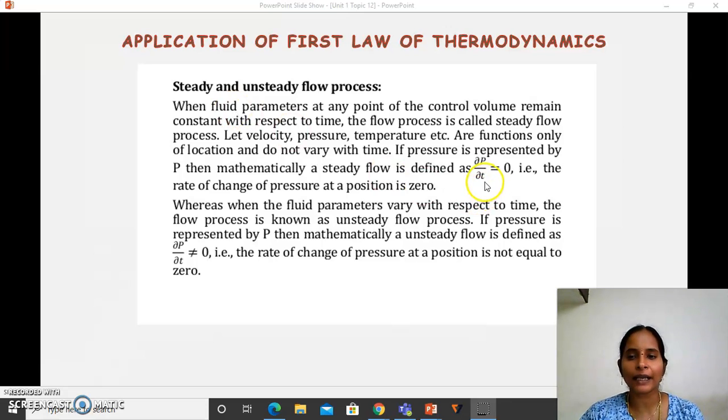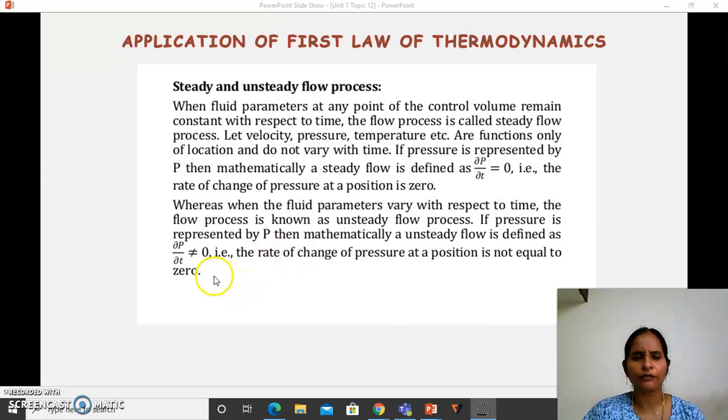Here, if you represent any property as P, then ∂P/∂t is equal to 0. That is, the change in property with respect to time is absolutely 0. It is the rate of change of any property, here I have mentioned pressure, at a particular position, and it will not vary with respect to time.